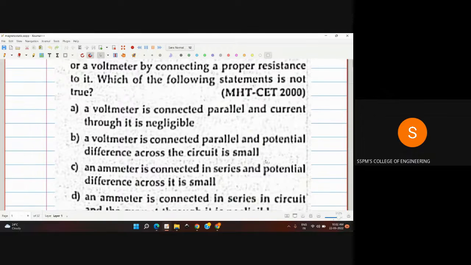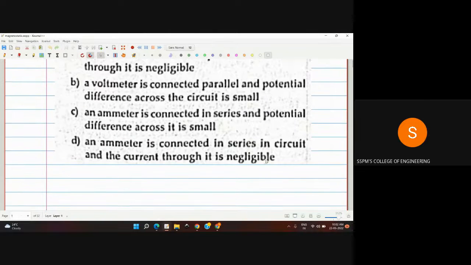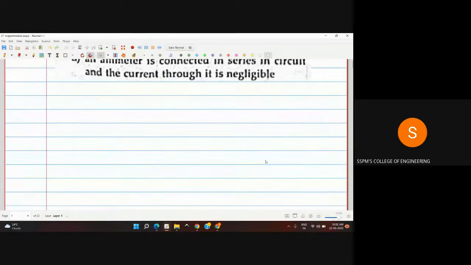So before solving this example, let me explain how the current is flowing and how we find the voltage across the resistor, isn't it?